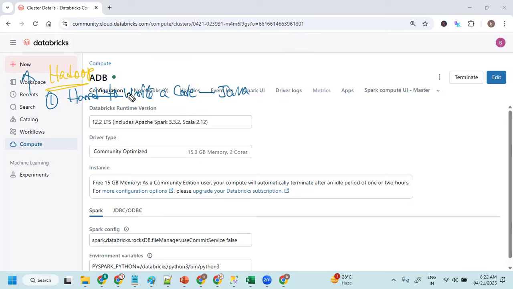And apart from that, even if you adopted Java, you have to write hundreds of lines of code for a small task also. So I'll take one difference. If I wanted to do some word count, how many lines of code are you going to write in Hadoop? The same thing if you do with Spark, you can feel how it is going to be.